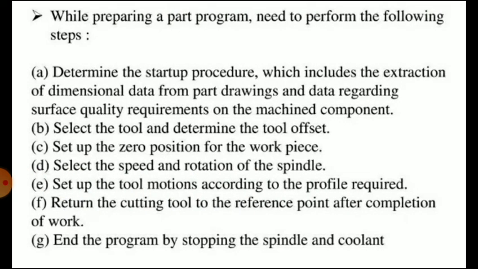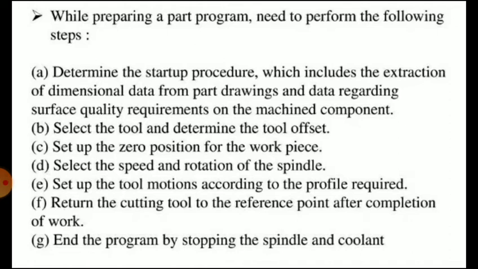While preparing a part program, we need to perform the following steps. A. Determine the startup procedure, which includes the extraction of dimensional data from the part drawings and data regarding surface quality requirements on the machine component. B. Select the tool and determine the tool offset. C. Set up the zero position of the workpiece.